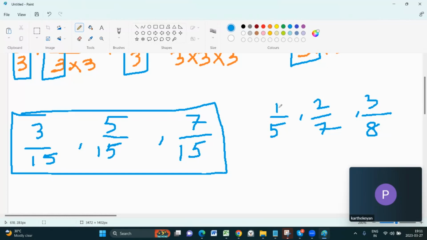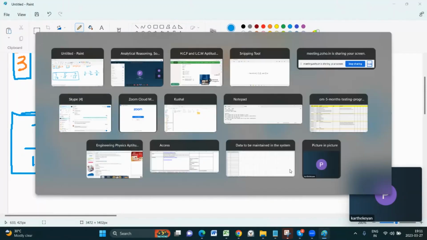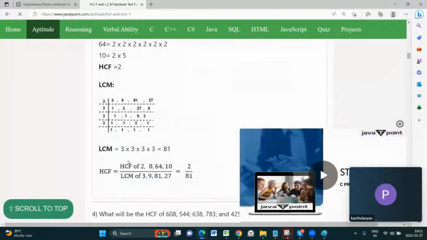You will need to calculate. But when the denominators are all the same, you can easily conclude based on the numerator.